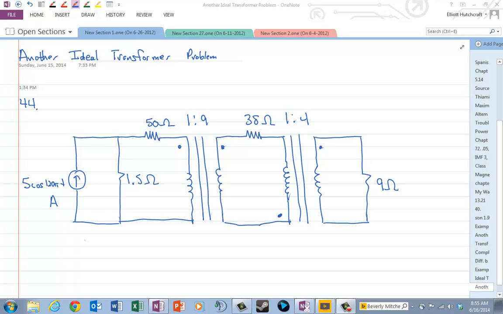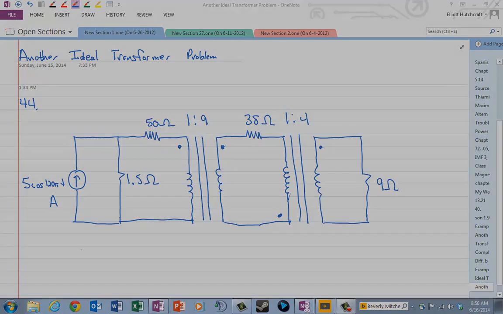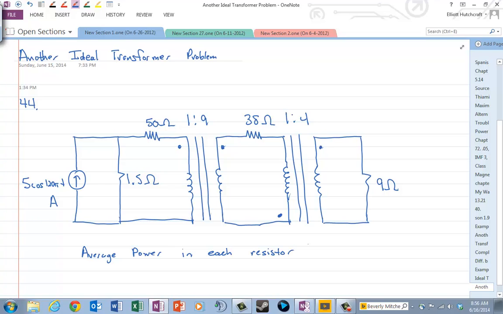Now, what this wants to know is the average power in each resistor. So it's not really a big deal, since it is in the time domain, but since everything is resistors, the ideal transformers are lossless, right? So what's the power lost in transformers?